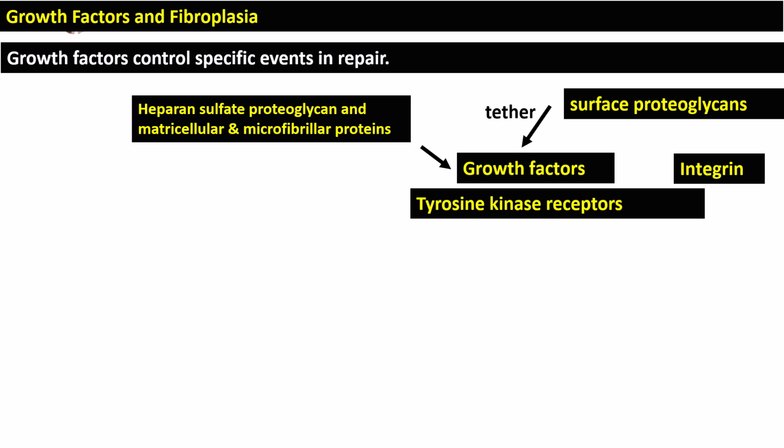Engineered skin substitutes with multiple growth factors hold promise for improved healing of large lesions, and they are also important in ending the repair process. While early signaling is well understood, how repair stops remains unclear.